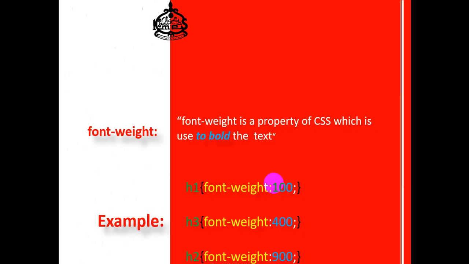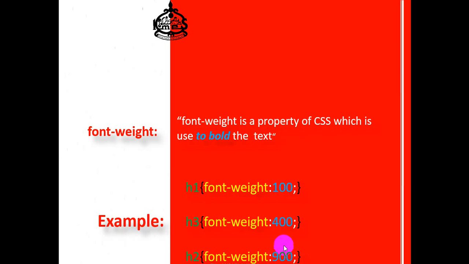Instead of giving values, I have written 100 as a value, here I have written 400, and here I have written 900. Even instead of values, I can write normal instead of 400, and bold instead of 900.